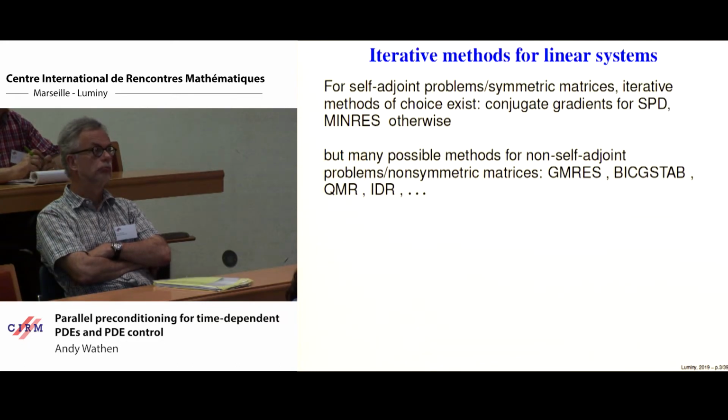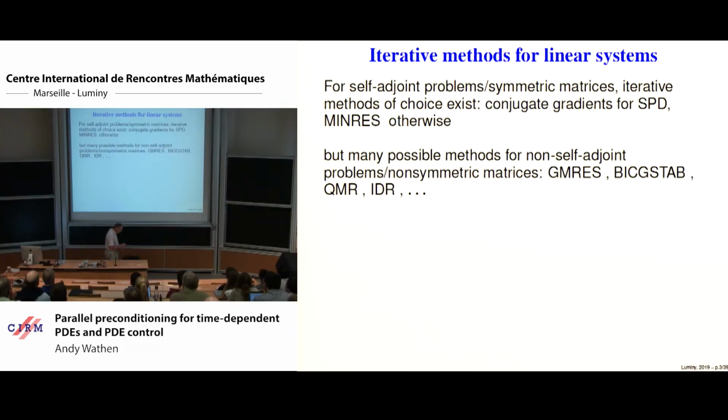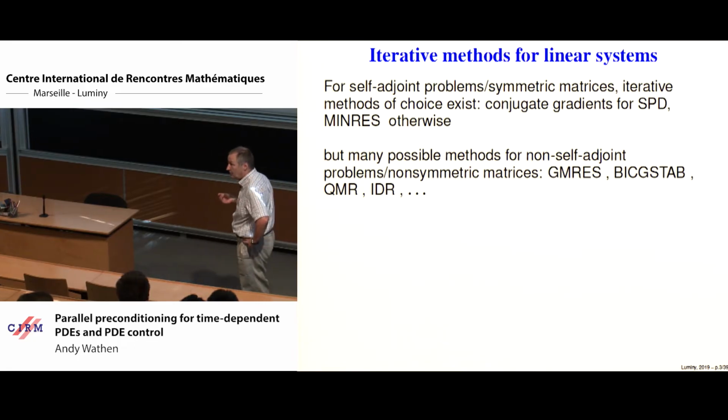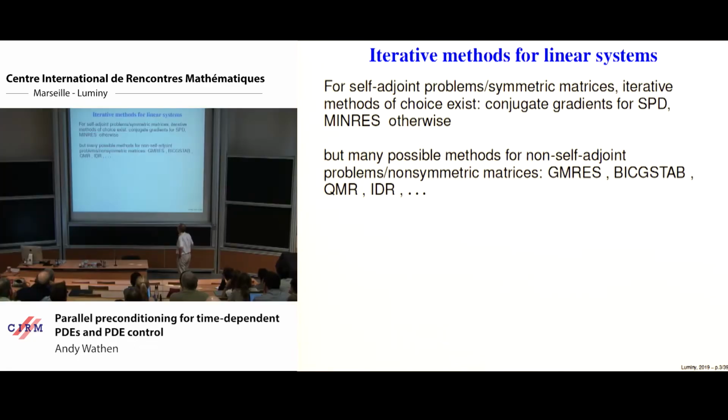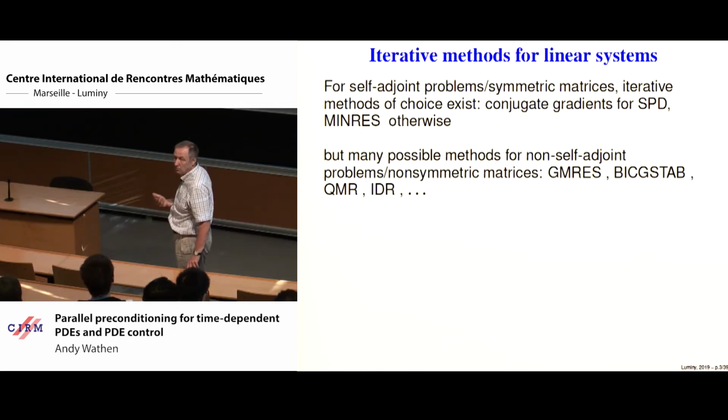And why I'm interested in this is because when you try and solve problems, whether they be differential equation problems or not, it seems to me there's an enormous gulf between what we can do for self-adjoint problems and what we can do for non-self-adjoint problems. So let me just comment here. This is just about linear algebra, right? So if you think about iterative methods for linear algebra, if I was to come to you with a positive definite self-adjoint problem, then nobody here would disagree with me that conjugate gradients would be one possible way to try to tackle such a problem.